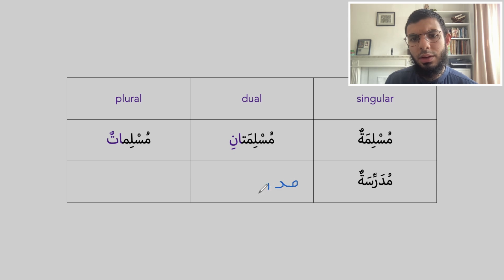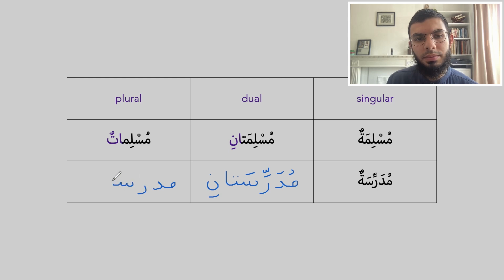And so we'll say mudarrisatani there. And then when we go to the plural, we say mudarrisatun. And there you go, we've got singular, dual, and plural in the feminine.